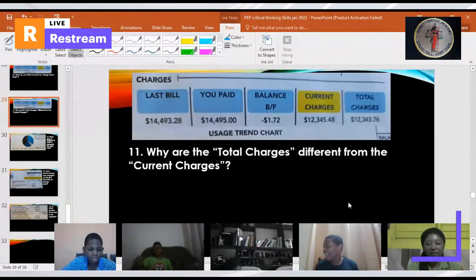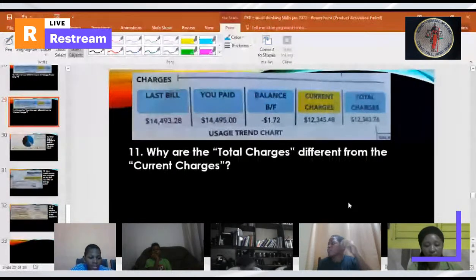But the current charges is what she is charged for what she has used. So why are they saying she doesn't need to pay all of that? She just needs to pay 12,343.76, even though her bill actually came to 12,345.48. Why are they saying that she should pay less than what she actually used? Anyone have any ideas?